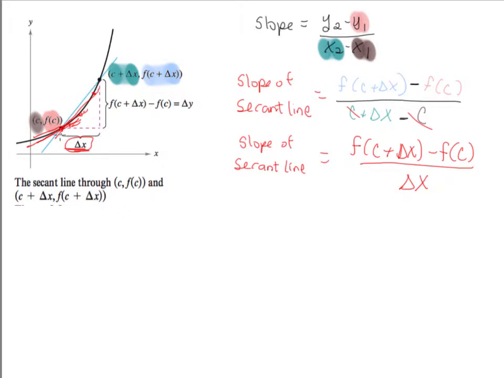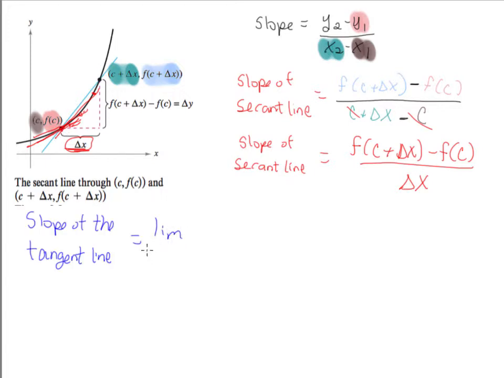And so we're going to use the knowledge we learned in the last chapter by saying that to find the tangent line, the slope of the tangent line is going to be the limit as delta x goes to 0 of our equation here for the slope of the secant line.